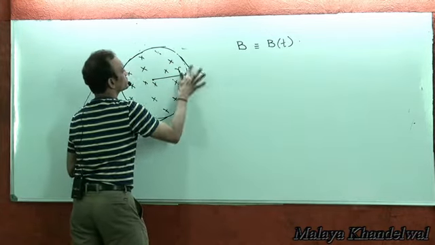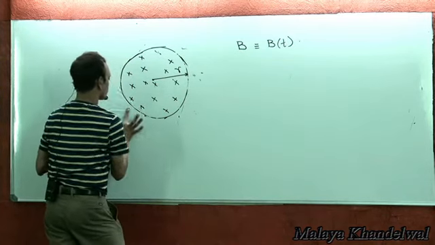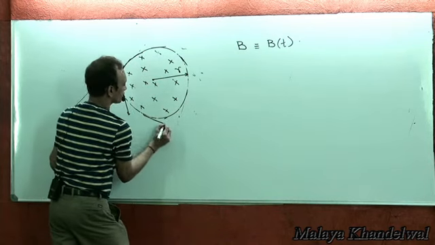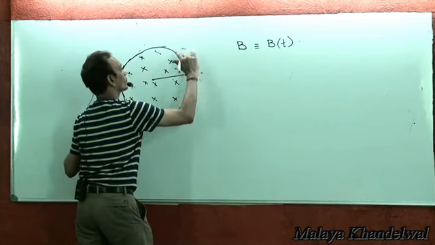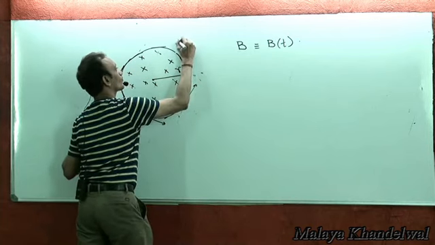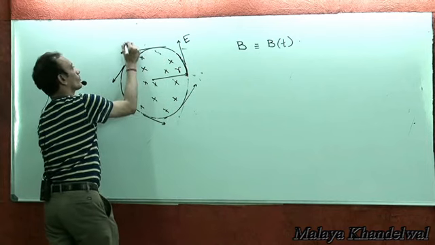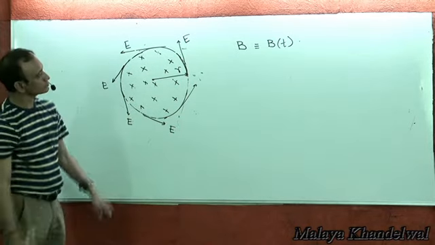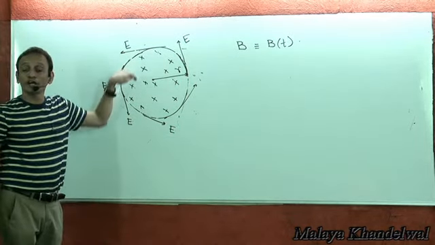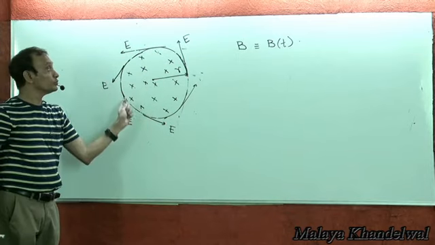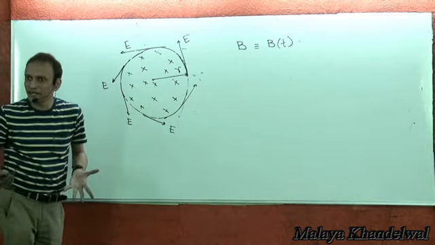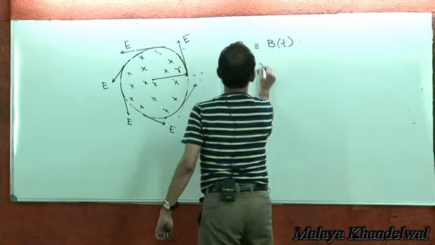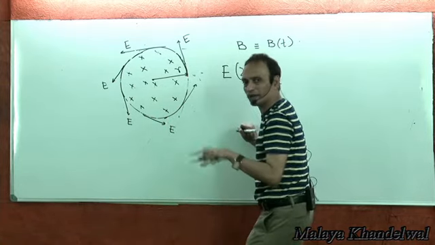Now E dot dr along the loop will give me the EMF generated in the loop. So what's the EMF generated in the loop? E into 2 pi r is the EMF generated in the loop, right?